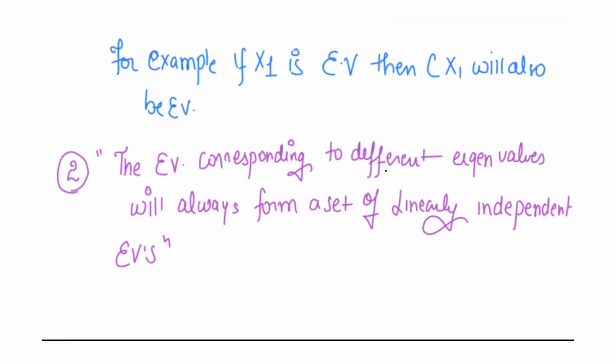For example, if x1 is an eigenvector, then k times x1 will also be an eigenvector. The eigenvectors corresponding to different eigenvalues will always form a set of linearly independent eigenvectors.